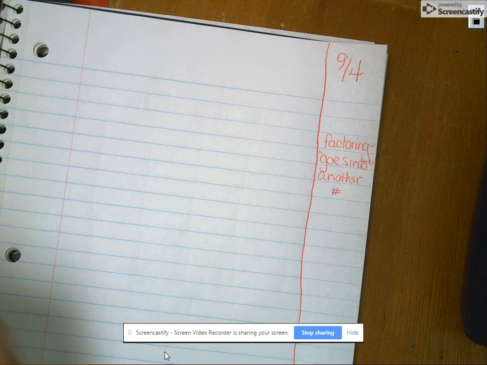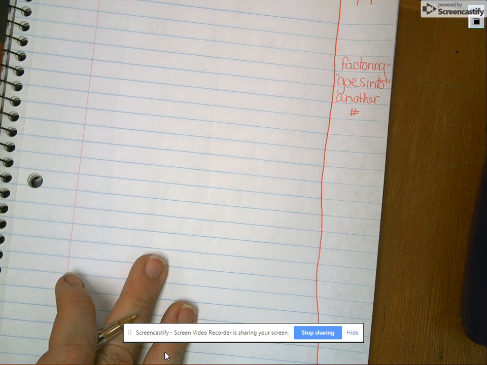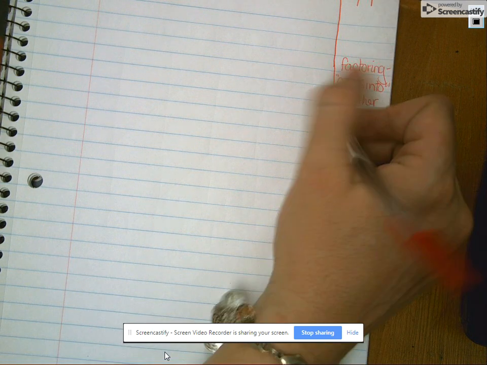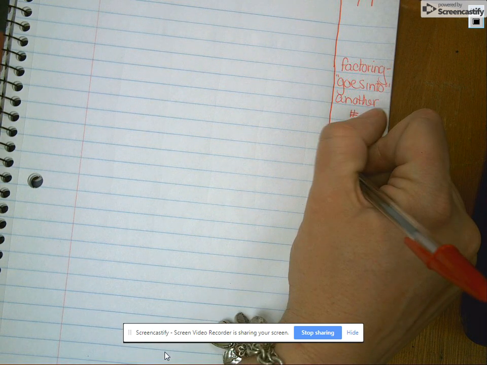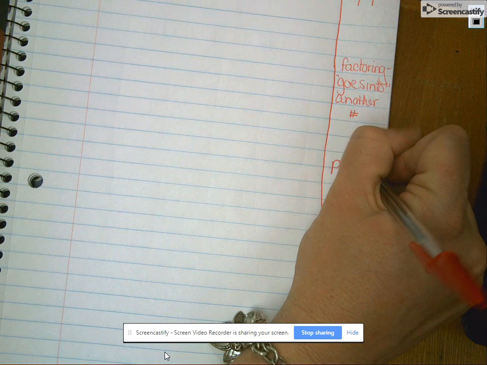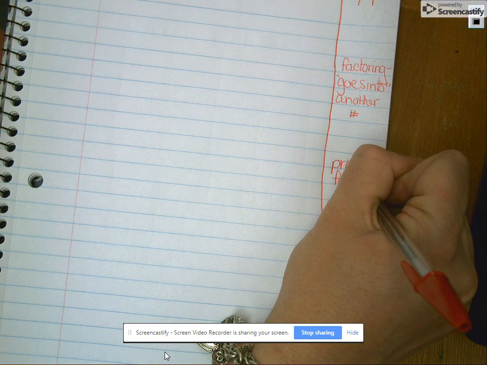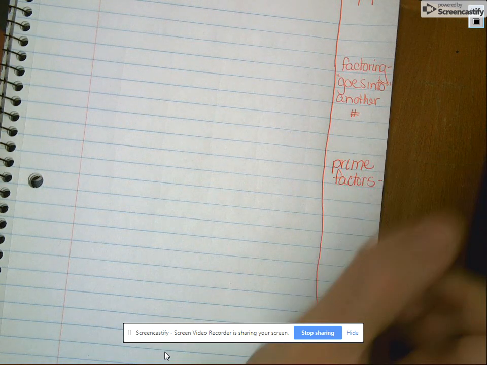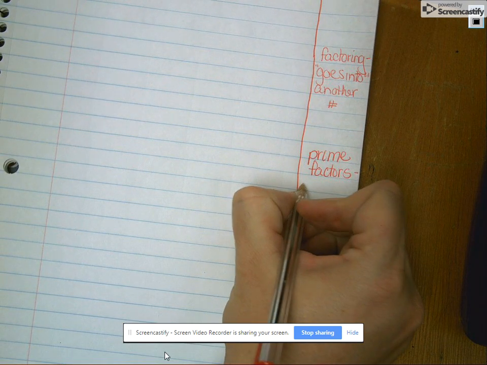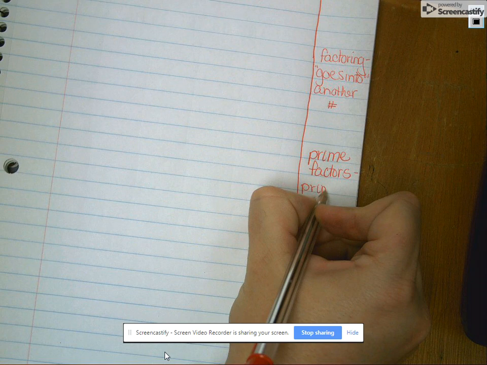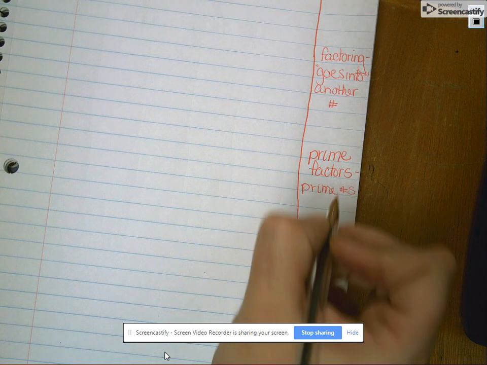Specifically, we're not only going to factor them, but we're going to do our prime factors. Prime factors are prime numbers that go into another number.